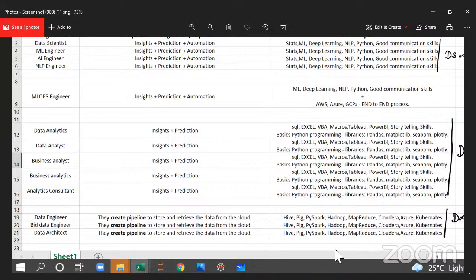These are the platforms and frameworks data engineers need to learn to get hired. The timeline to learn this would be again 3 to 5 months. And out of all these skills, the highest paying job is the data scientist.